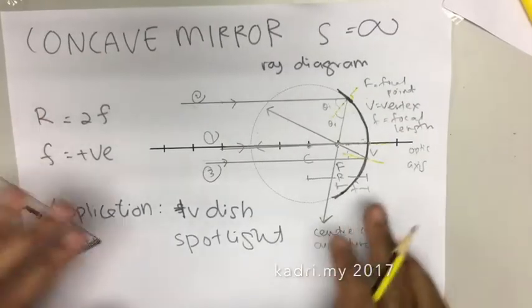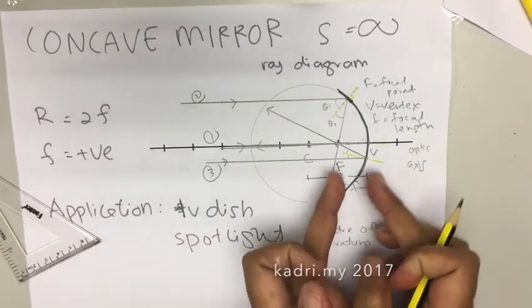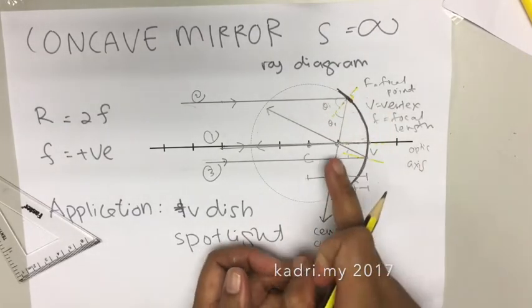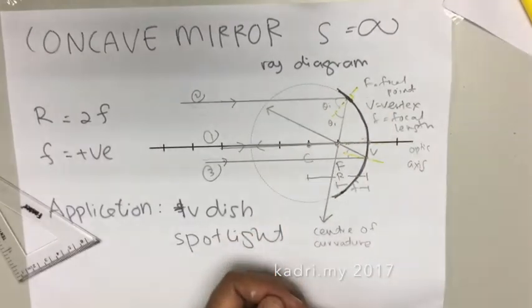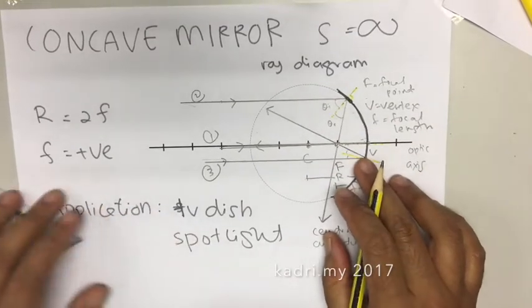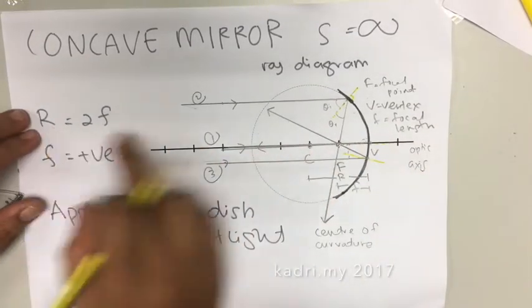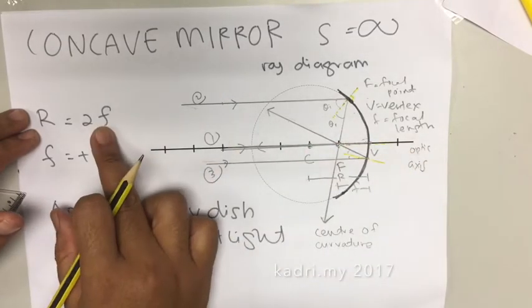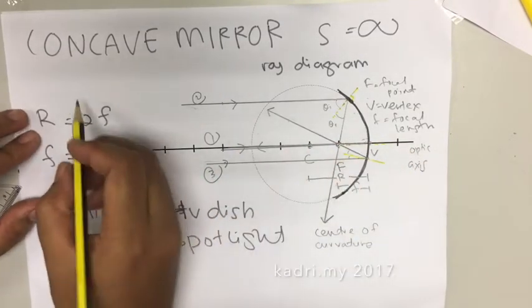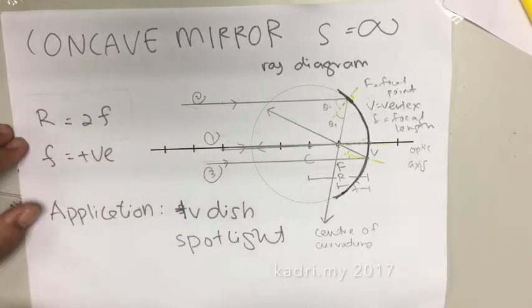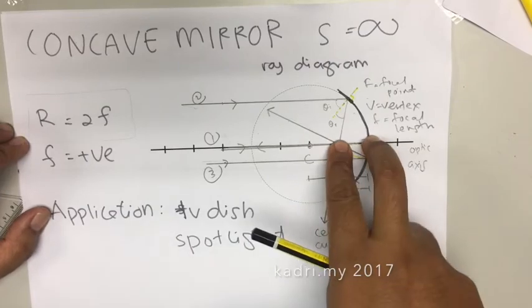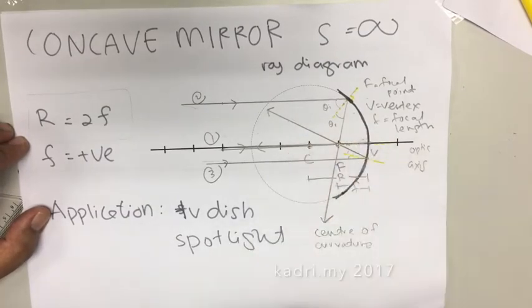The focal point is exactly in the middle between the center and the vertex. So we have a relation where the radius is equal to twice the focal length. This is the first relation for this concave mirror. So f is half of the radius.